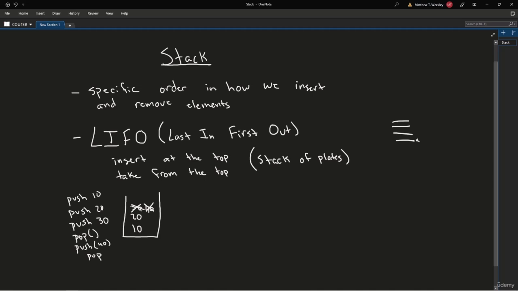So this might seem very similar to something that we just did. So our stack is here. Our top is here. We insert at the top. We remove from the top. So this might seem very familiar.